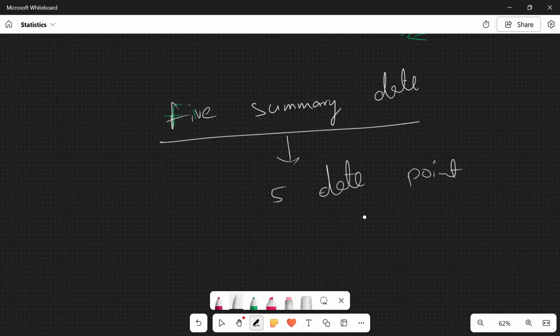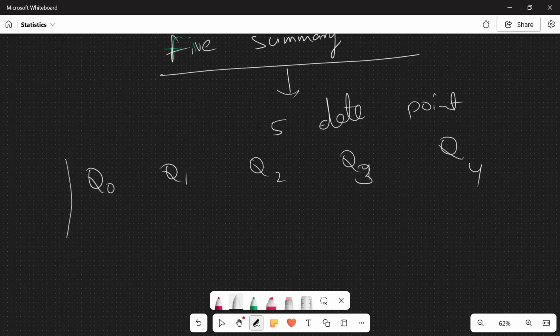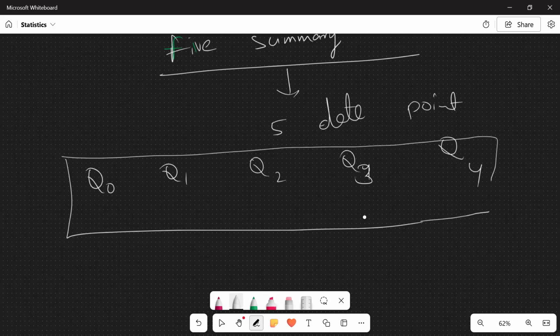What are the data points? The first one is Q0, data point 1, Q1 is data point 2, Q2 is data point 3, Q3 is data point 4, and Q4 is data point 5. So these are the 5 data points. You might be thinking, what is Q0, Q1, Q2, Q3, Q4? Q0 is your minimum value in your data points.